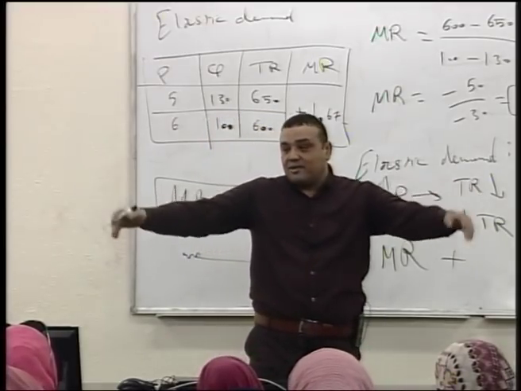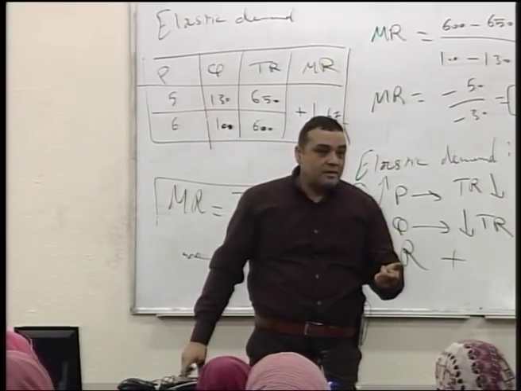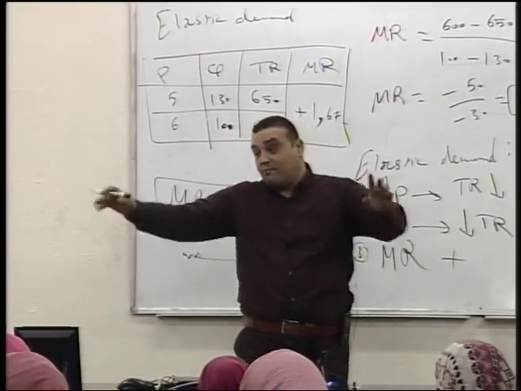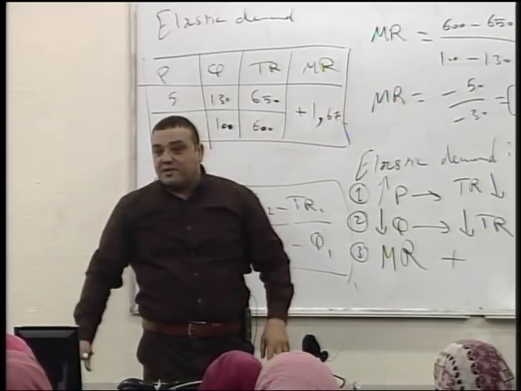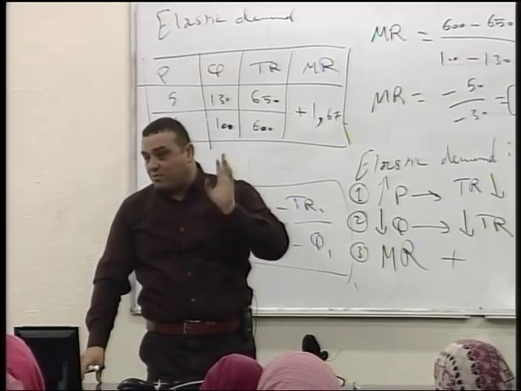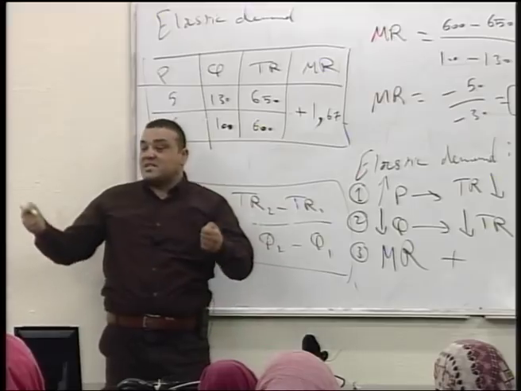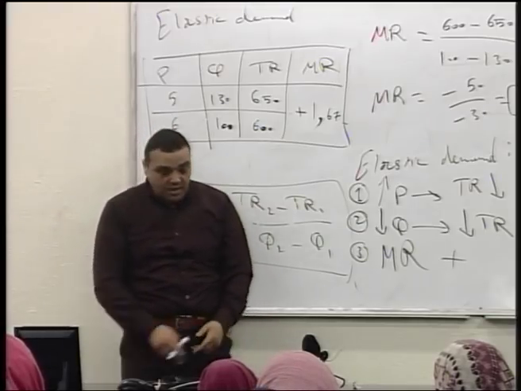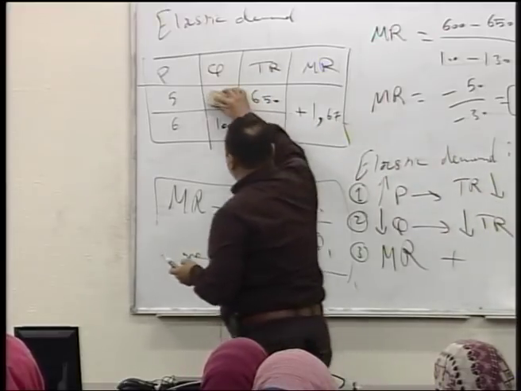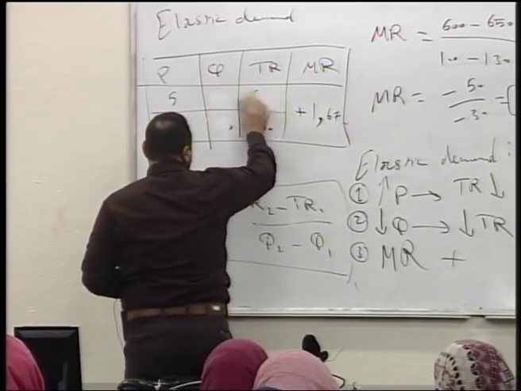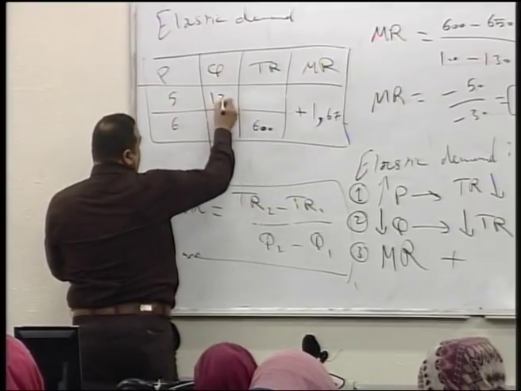It has a meaning here. بالالاستيسيتي المينينج تبعها انه negative represents the negative relationship between the price and the quantity demanded. Here it has a meaning, or it has a value here. Okay?